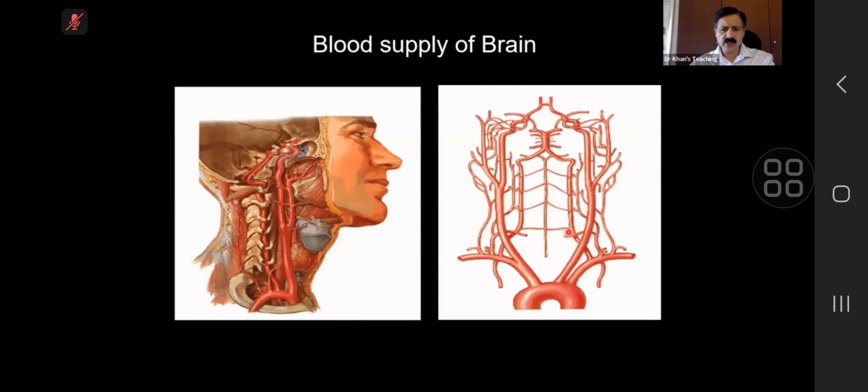On the other hand, look at the vertebrals. They go like this, and then they join together. For the exam, the key thing to remember is that this is a very rare view, because you will only see it on an MRA or a CTA MIP sequence. You will not see it on a DSA, for the simple reason that all arteries will never be visualized on a DSA.